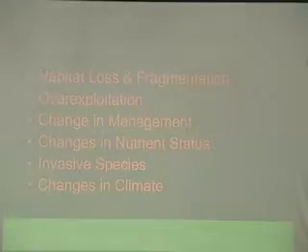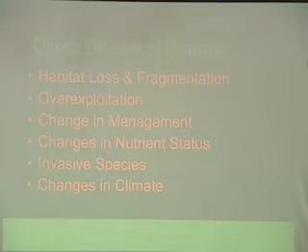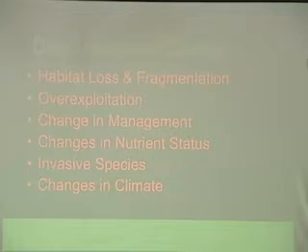I'll just give a few examples, plus another category which I think will become increasingly important, and that is a change in management regime. Because to the extent that the environments in which biodiversity survives are environments that are heavily influenced by us, then as those management practices are changed, either willingly or not, that will obviously have an impact on the survival of species in those habitats.